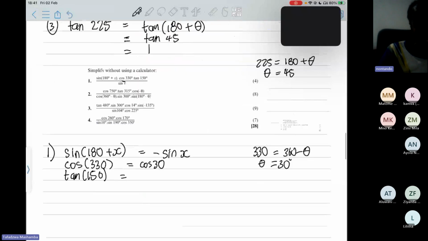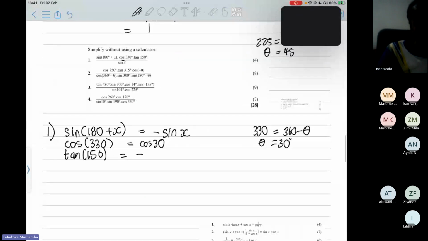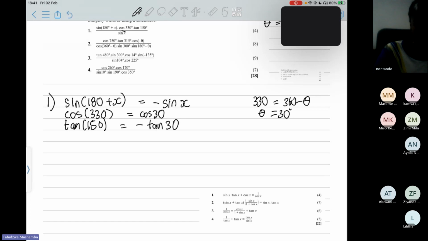So immediately we rewrite this as a negative tan. And 150 would be equal to 180 minus 150, so it's just 30. So in the end, you just rewrite this as negative tan of 30. And then sine x remains the way it is because we can't really simplify it further.